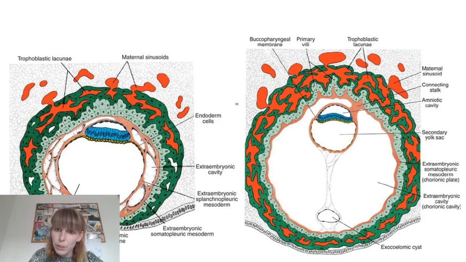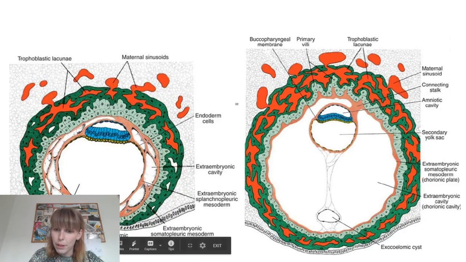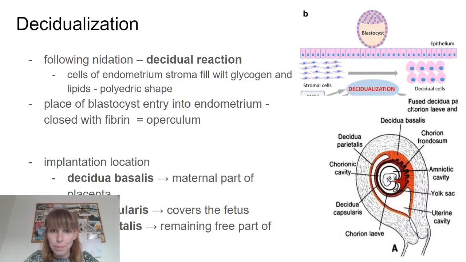So all of the green and pink and all of this is part of the blastocyst that developed into this huge structure, and the tissue around is still maternal. But the tissue of the mother is also changing.